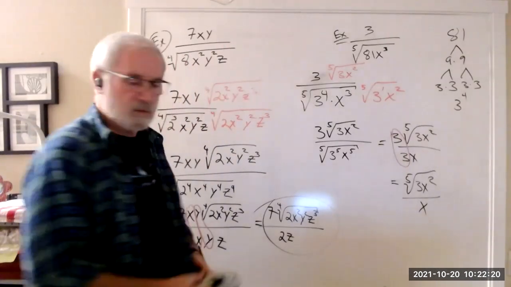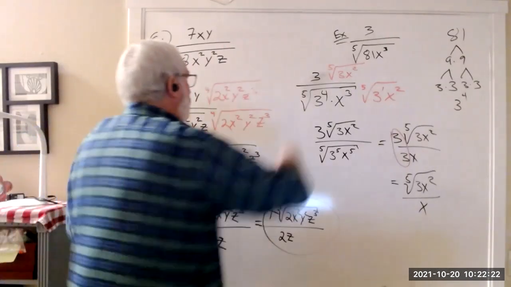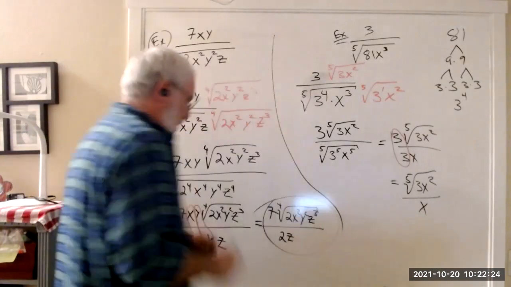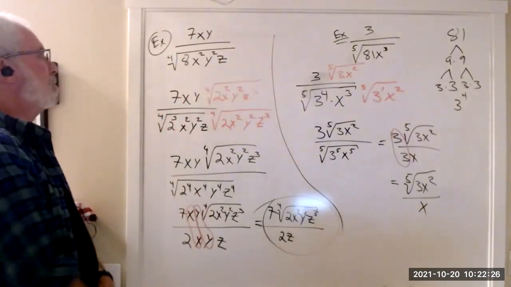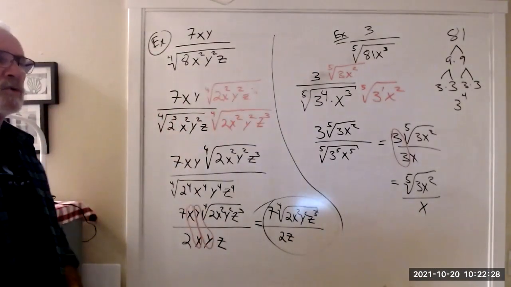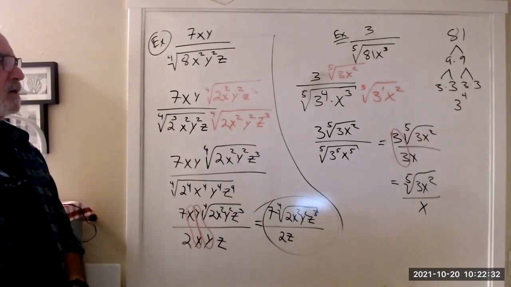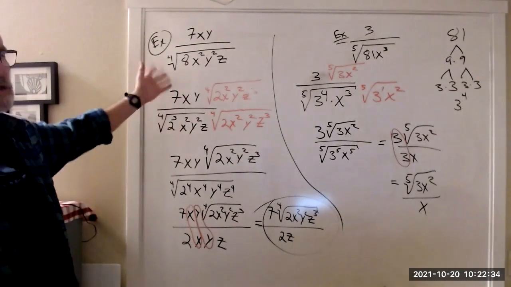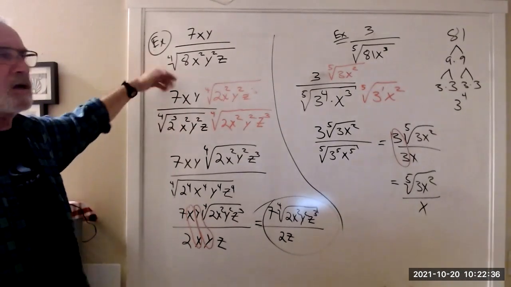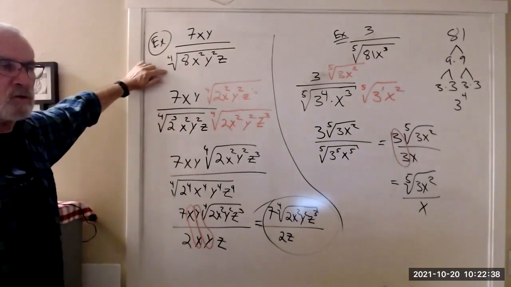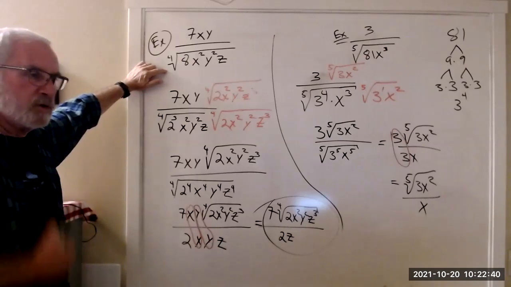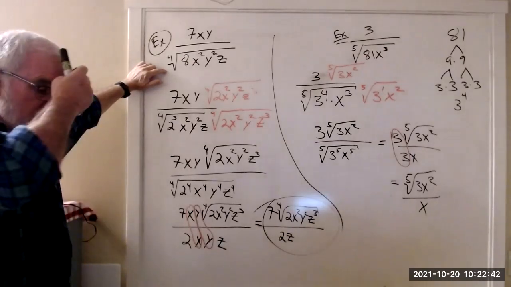All right, I'm going to leave these and move on to a new topic, kind of related to this. This is simplifying radical denominators: square roots, cube roots, 4th roots.